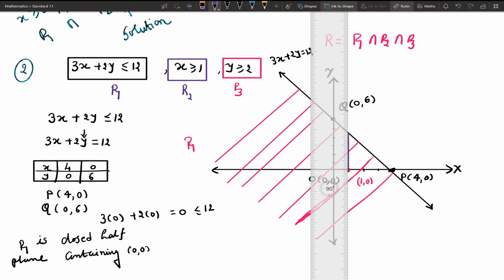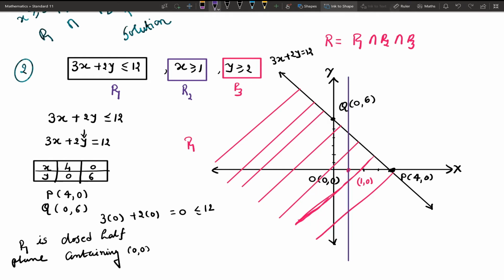This is the line x equal to 1, but we are given x greater than or equal to 1. So on this side you can observe x is always greater than or equal to 1.